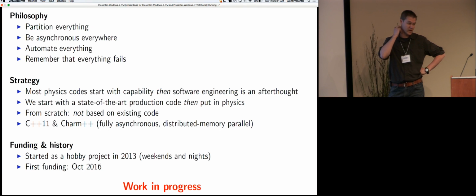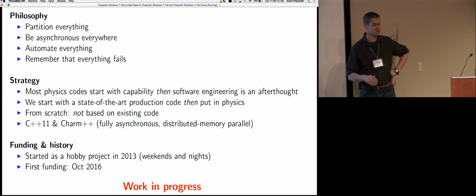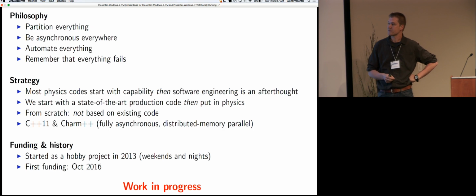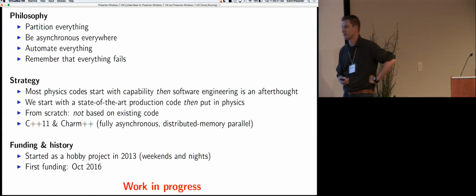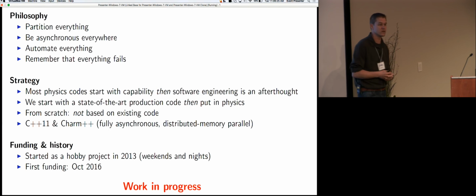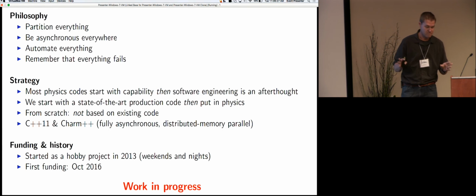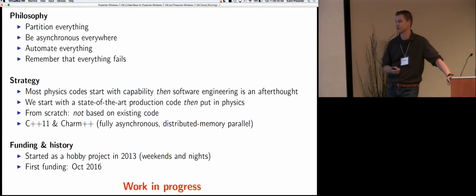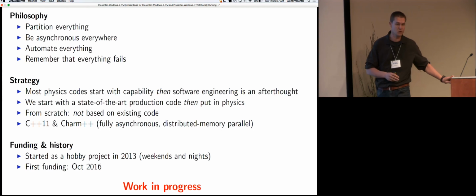So what we have is we started a code not based on any legacy code. This is from scratch. It's in C++11 at this point, and we use Charm++. We wanted to have the full freedom of exploring anything we can. So the only type of application we target is 3D distributed memory, parallel, fully asynchronous.